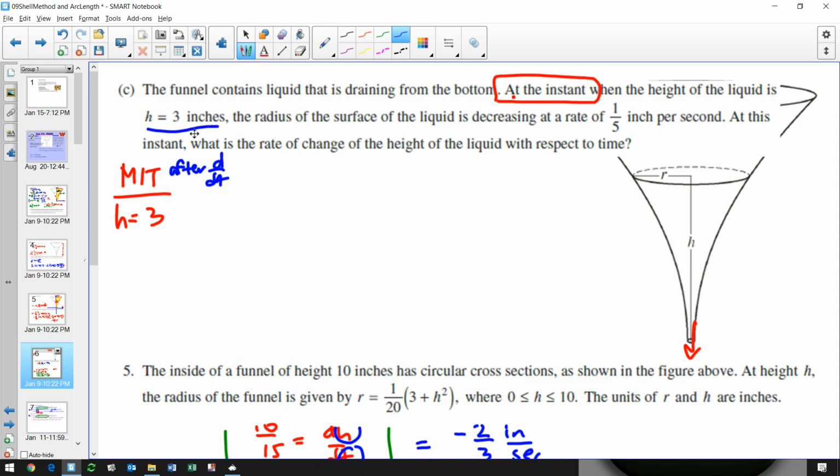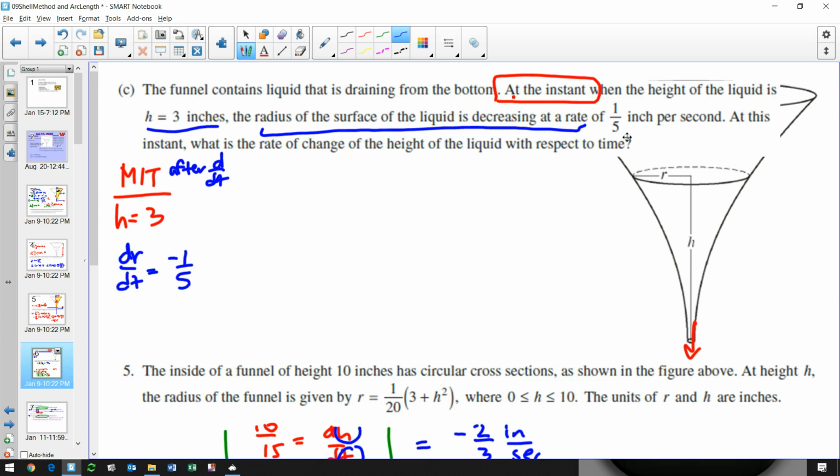At the moment in time when h is equal to 3, the radius of the surface of the liquid is decreasing at a rate of 1/5. When h is equal to 3, something is equal to 1/5. What is equal to 1/5? Think about this in calculus talk. dr/dt. So in the moment in time, dr/dt is actually equal to, not just 1/5, but negative 1/5, right, because it's decreasing.